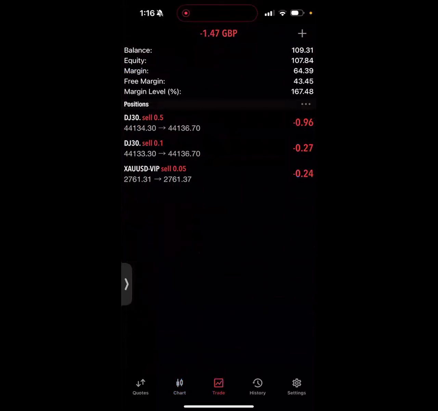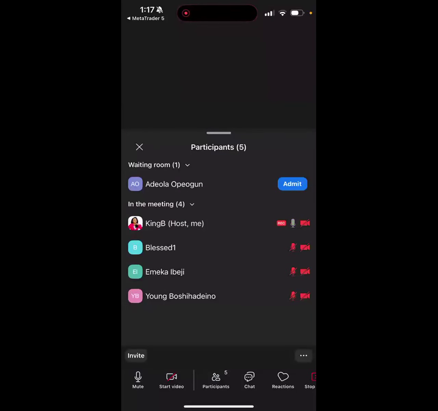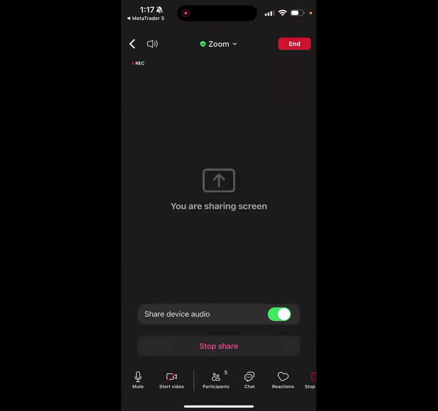Now, like I said, can someone type in the chat box how can you tell when your trade has done 10 plus pips? I'm waiting, because these things are already recorded, but the fact that we still don't know it means something.